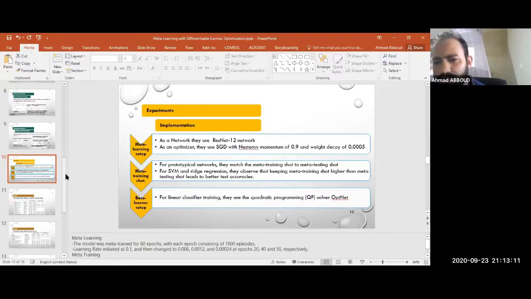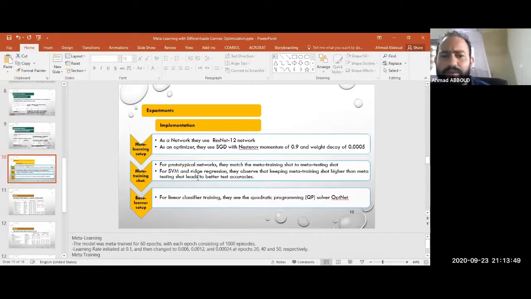They also use other networks for comparison, but in general the best models they obtain are with the ResNet-12 network for the meta-learning setup. As the optimizer of this network, they use the SGD optimizer with a Nesterov momentum of 0.9 and weight decay of 0.0005.